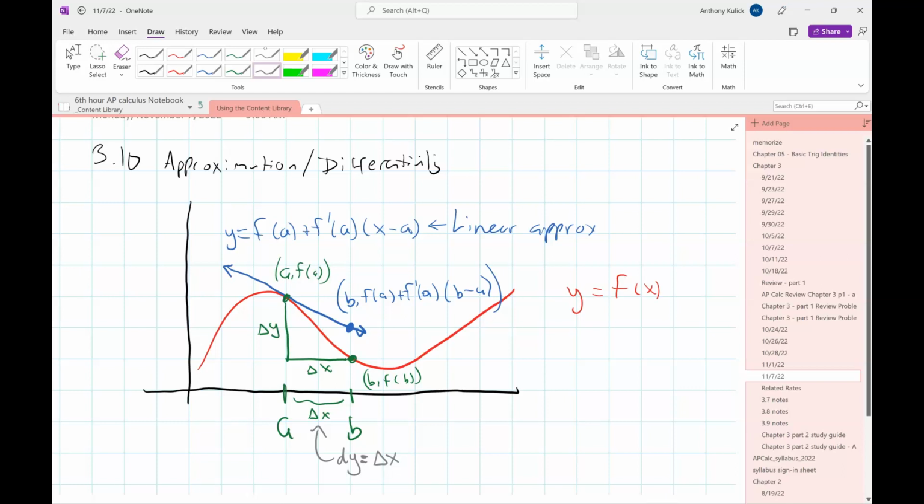So the difference between the y-coordinate for our a and the y-coordinate on our approximation, that's our differential dy.